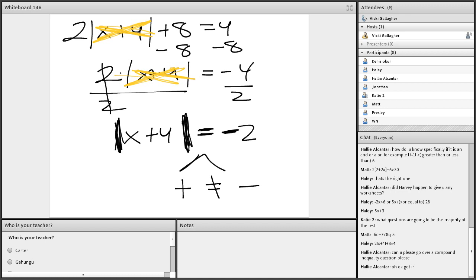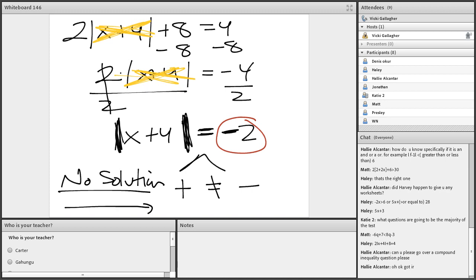If I was taking this test, I would circle the -2 right now, and then on the answer line, I'm going to write no solution. And if there's a number line typed on the test, I'm not going to touch it. I leave it blank. I don't put any numbers, no circles, no shading. No solution means there are no answers, so I don't need to color any answers.